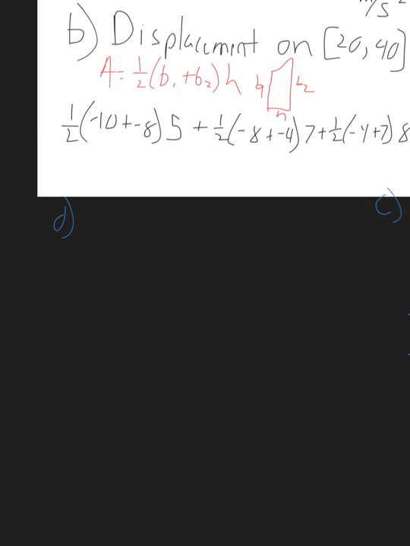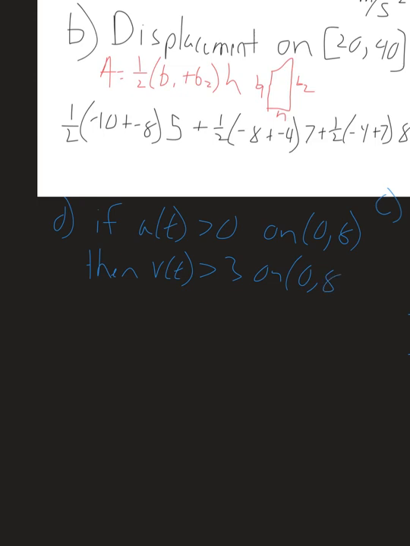D. If a of t is greater than 0 on the interval from 0 to 8, then v of t is greater than 3 on the interval from 0 to 8, which means my displacement on the interval is at least 24.